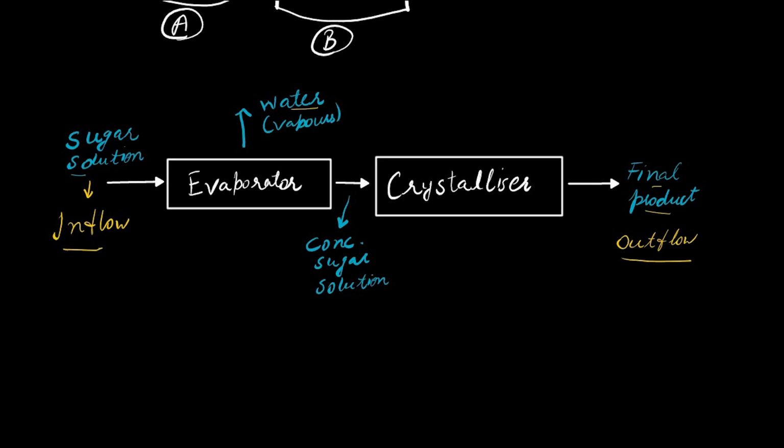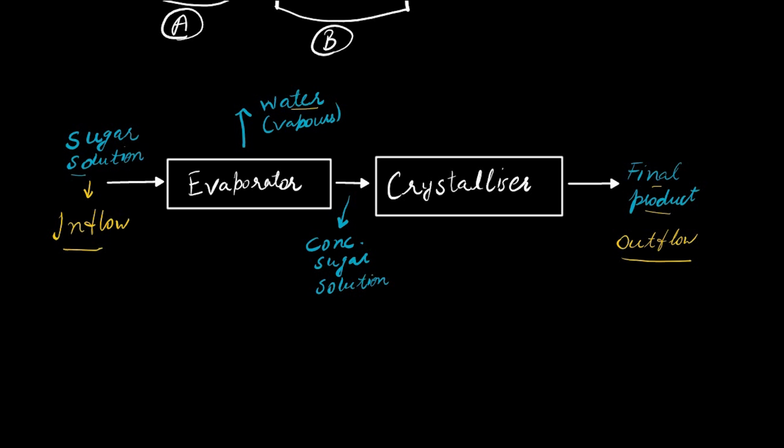So in a food industry, we are interested to know the amount of inflow or the amount of outflow, or maybe both of them. And sometimes we are interested to know the rate of entering of a sugar solution, and sometimes the rate of final product.